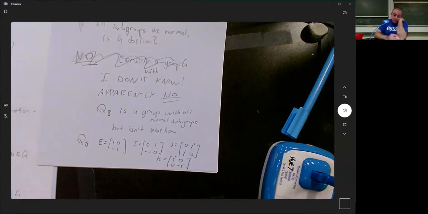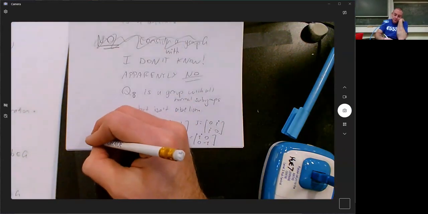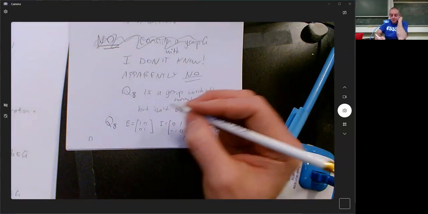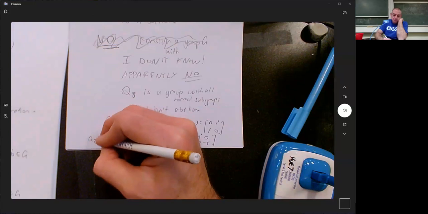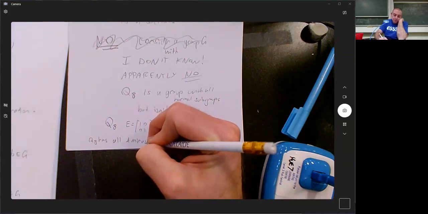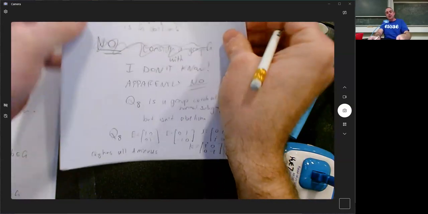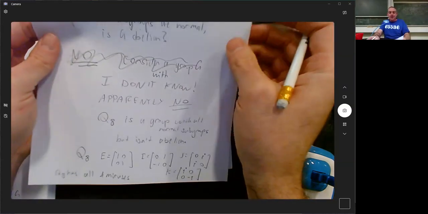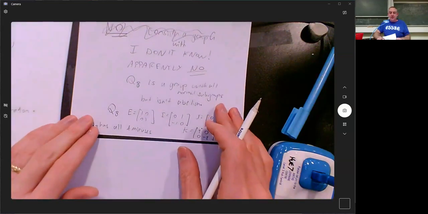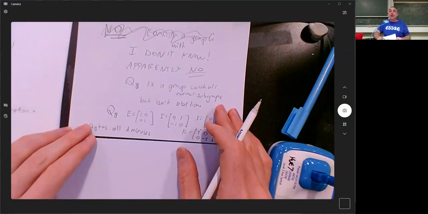Oh, wow, cool. Q8 has all of these things and their minuses. Oh, okay, so you're saying that it is 1 and minus 1 and i and minus i and j and minus j and k and minus k from the quaternions.